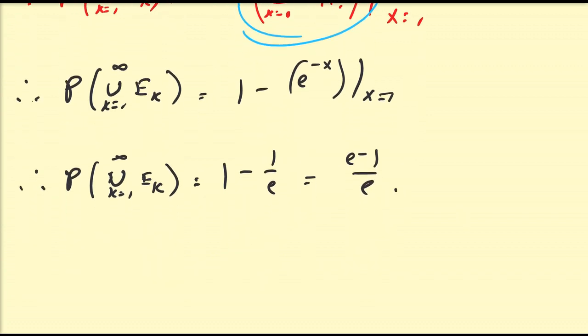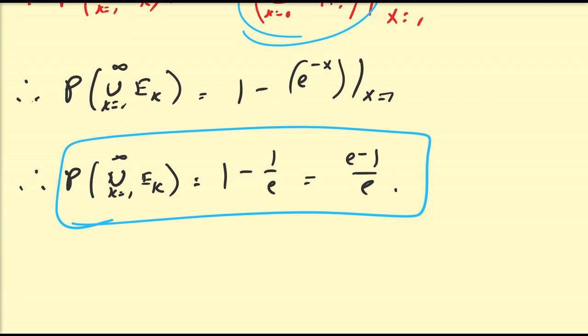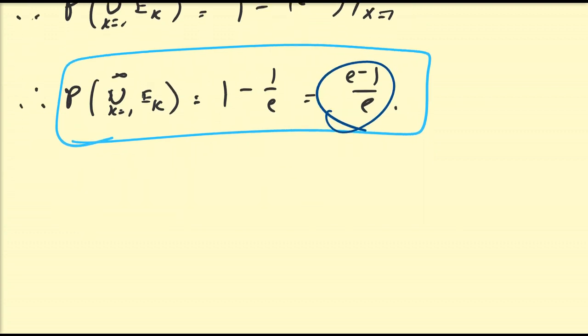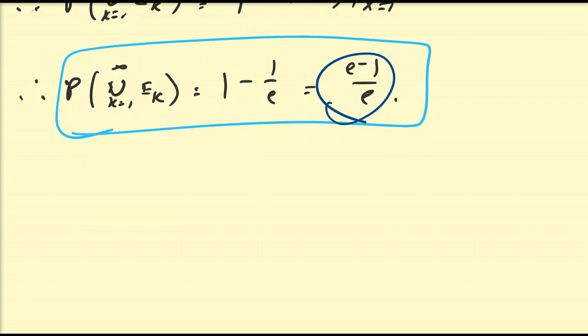So that means for this original problem that we had that started with 5 people, if you add more people to this game, like 500 people, and they all throw their hat in the middle of the room, the probability will get closer to this special number, which is really cool.